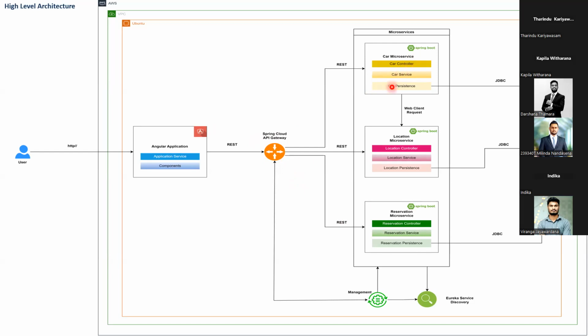But here, when the request comes in, this API gateway takes that request and sends it to the car service. This application service does not communicate directly with the car service.